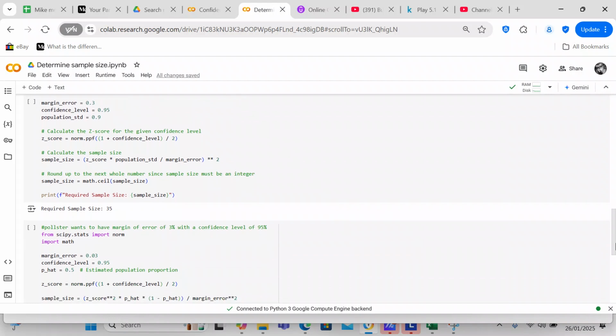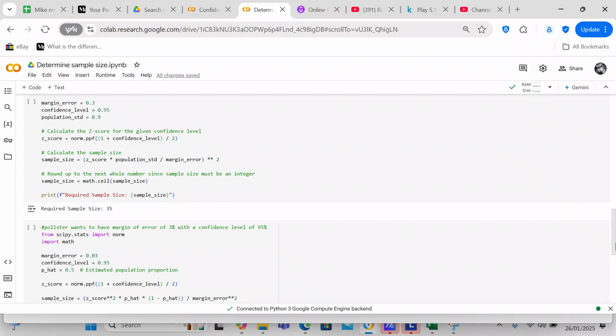We're going to calculate the Z-score for the given confidence level. Z-score equals norm.ppf. That's percentage point function. 1 plus confidence level divided by 2. We're going to calculate the sample size. Sample size equals Z-score times population STD divided by margin error.